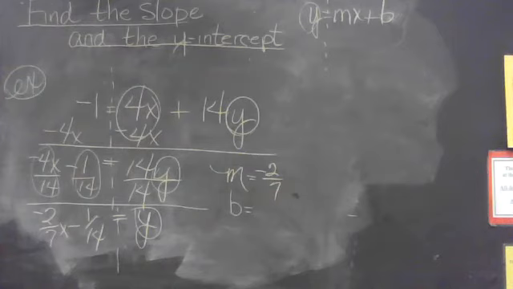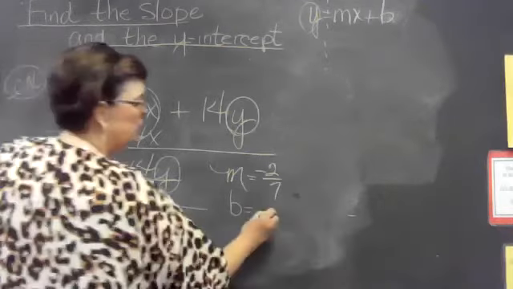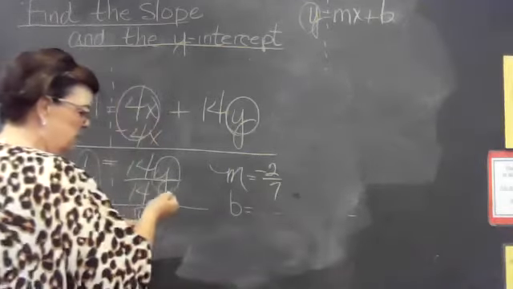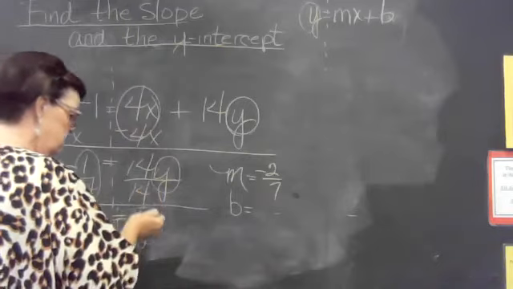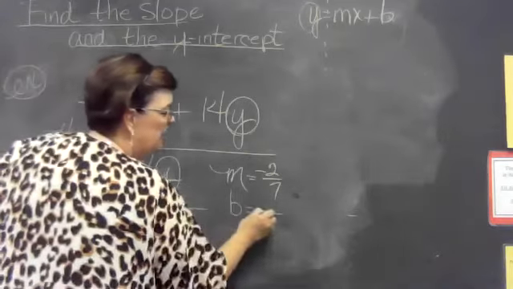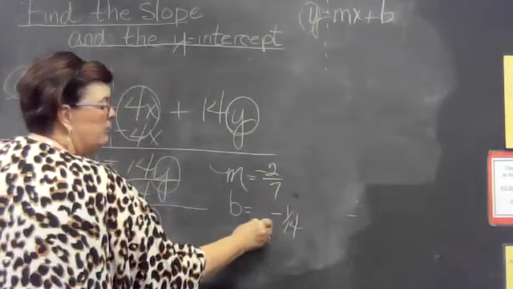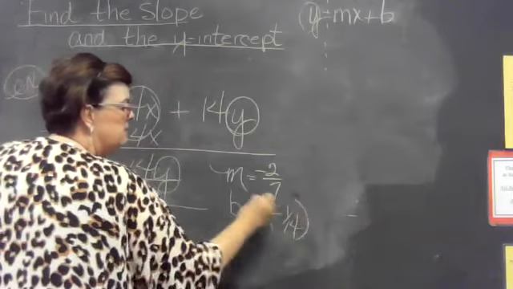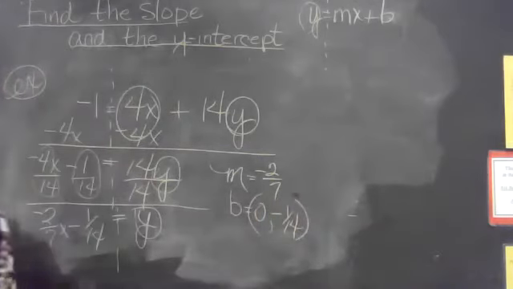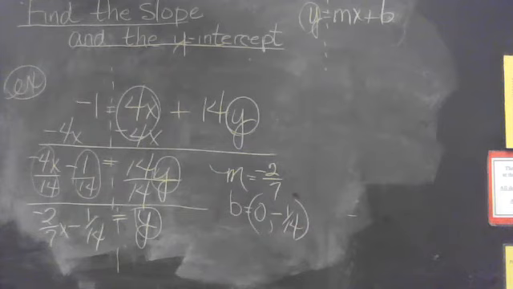Negative 1/14. And if we put that in point form, it's called the y-intercept. So it's 0, negative 1/14.